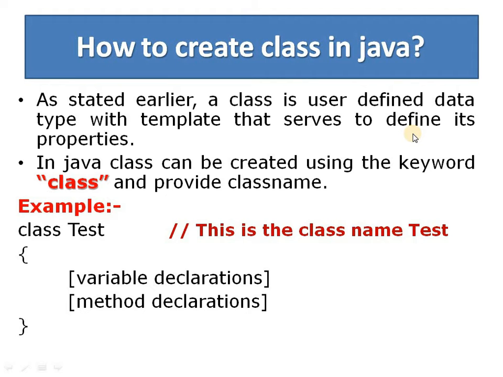Now next, how to create class in Java. As stated earlier, a class is a user-defined data type with a template that serves to define its properties. In Java, a class can be created using the keyword class and providing the class name.